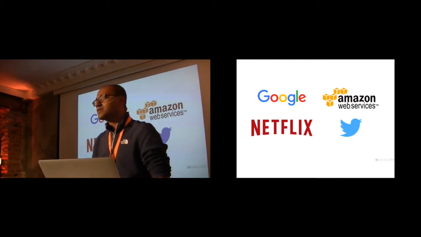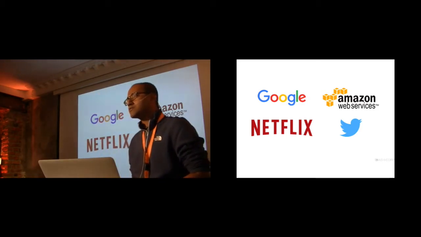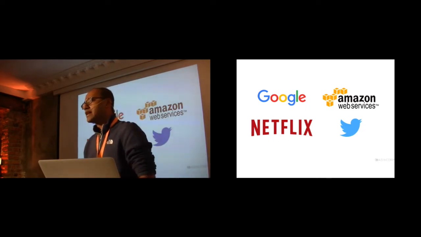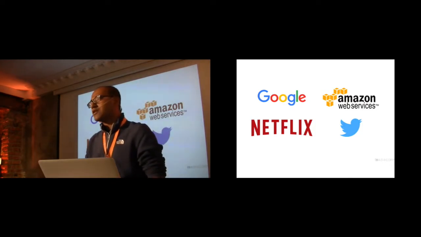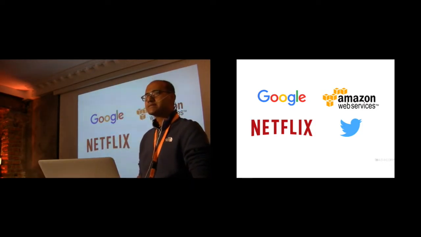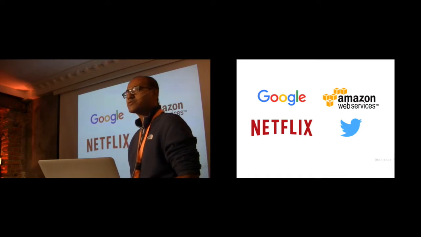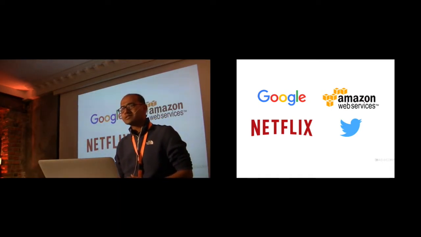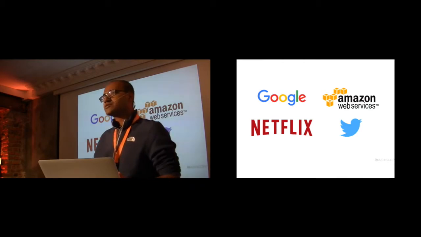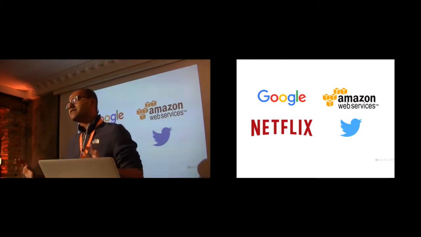We don't expect Netflix to go down when we come home and switch on our TV at the end of the day. We don't expect Amazon to go down because of Cyber Monday deals. We don't expect Twitter to go down when there is a revolution somewhere in Egypt. So these services have to be highly available.